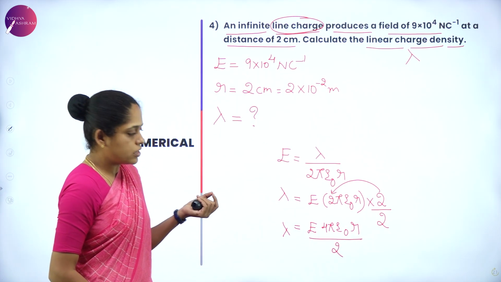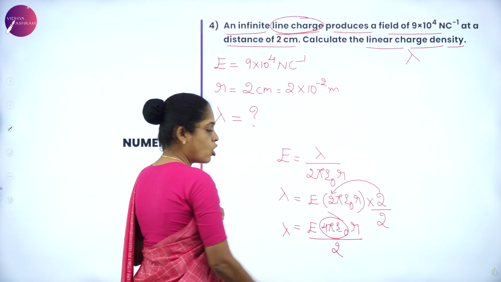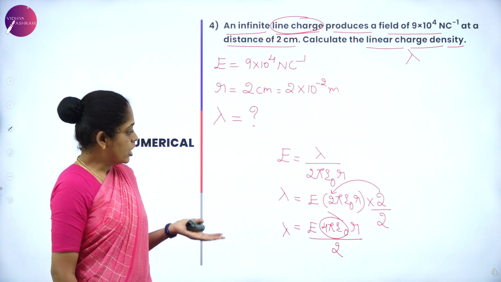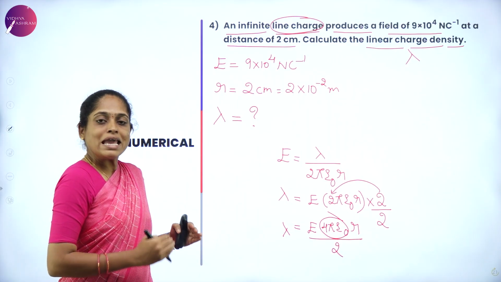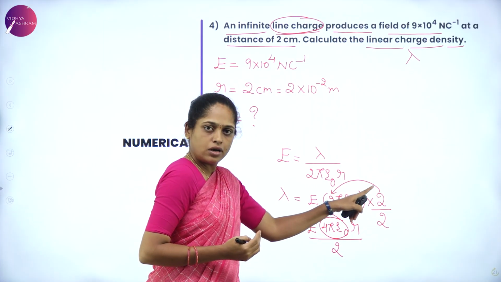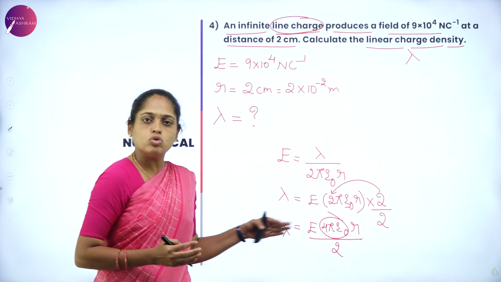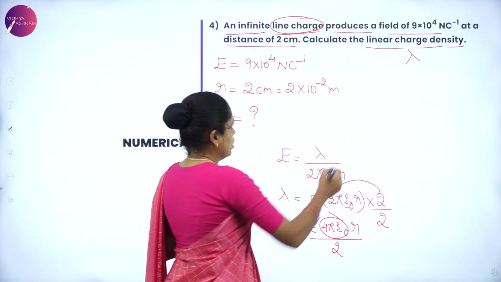Why did I multiply by 2 and divide by 2? To get this 4 pi epsilon naught whose value we know. Instead of substituting each value, multiply and divide by 2 to get 4 pi epsilon naught whose value you know.